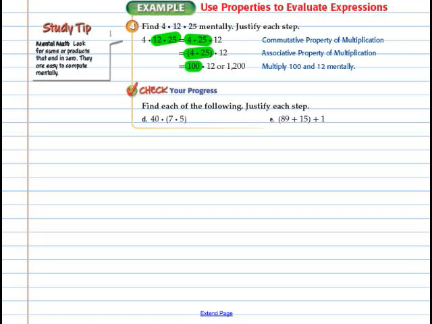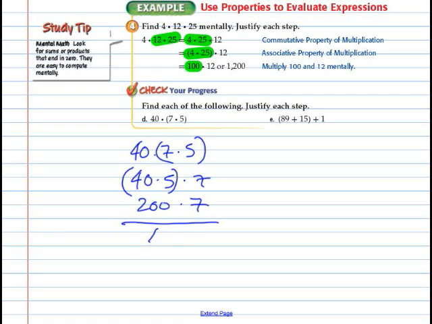We'll do a similar thing in these two examples. In example D, we're going to take 40 times 7 times 5. We're going to rewrite that as 40 times 5 times 7. Move the parentheses, gives us 200 times 7, which is 1,400.